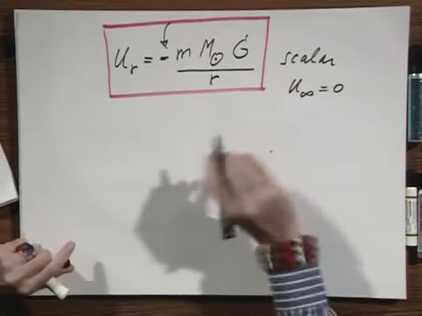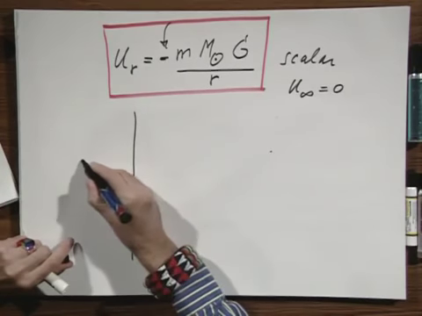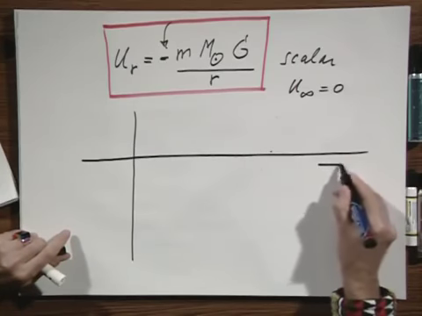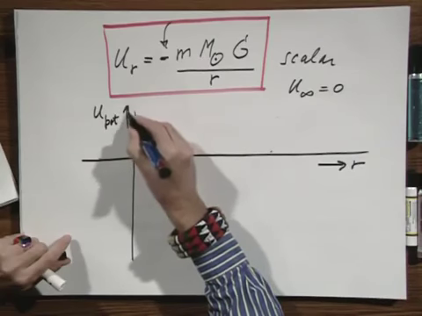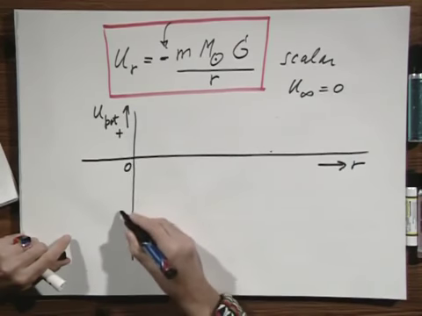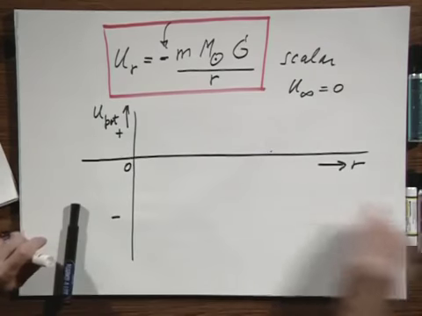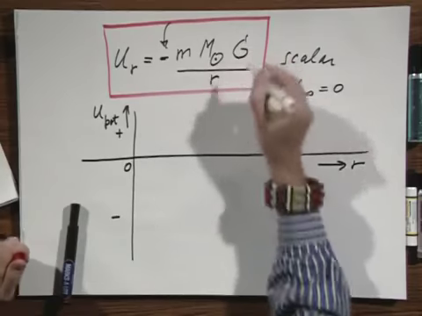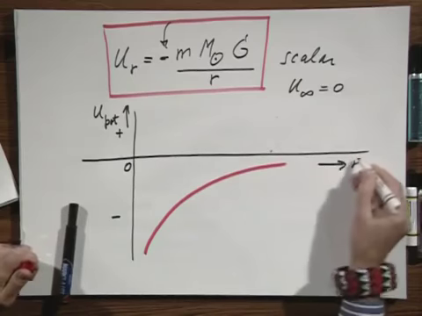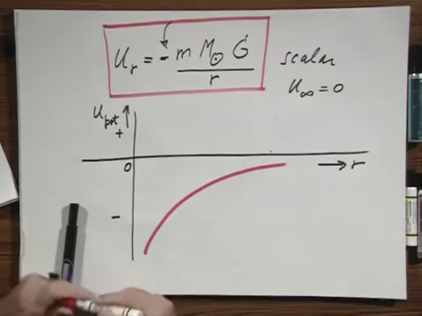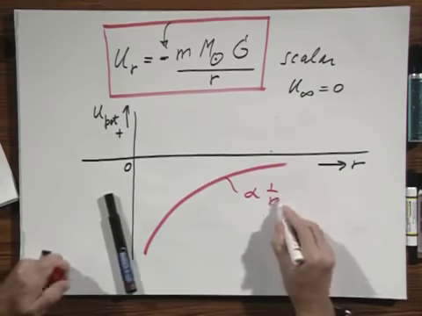If we wanted to draw a graph of the potential energy as a function of r, here is r, here is u potential, these values would all be positive, this would be 0, and these values would all be negative. Then the gravitational potential energy is a 1 over r, it's a hyperbole, so it would go like this, goes to 0 at infinity, and it is proportional to 1 over r.